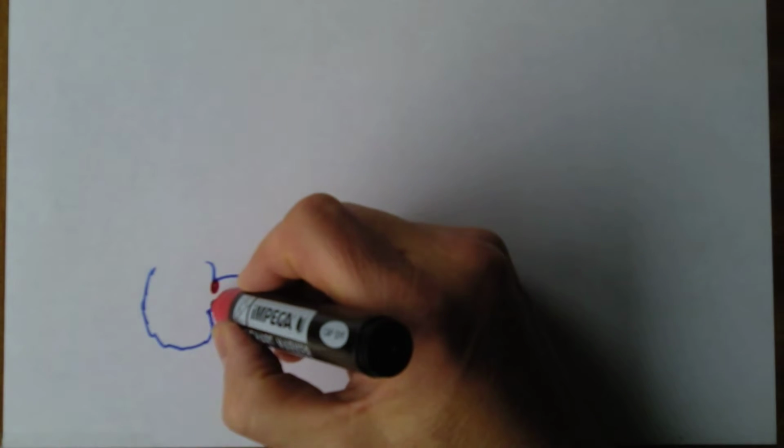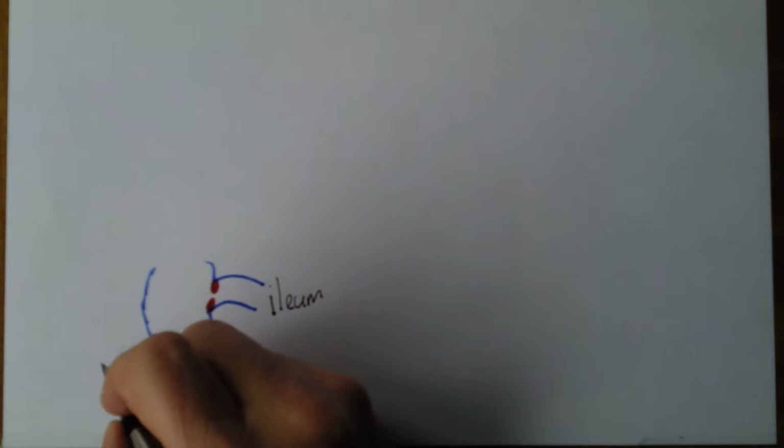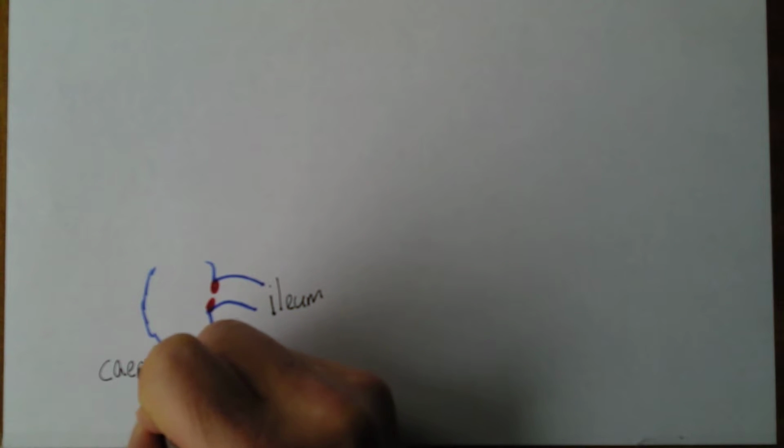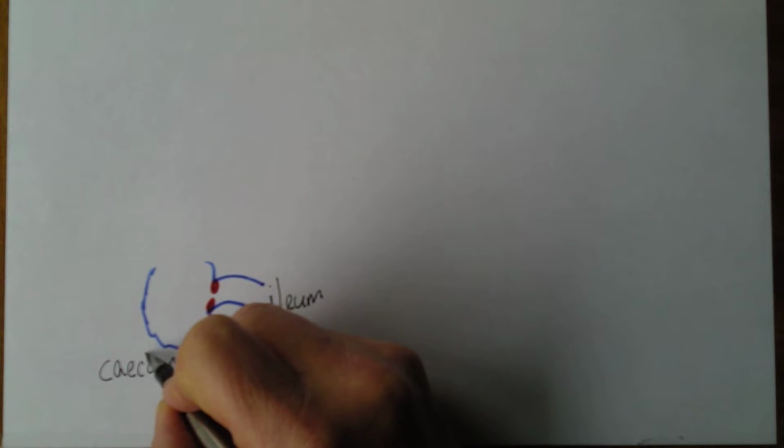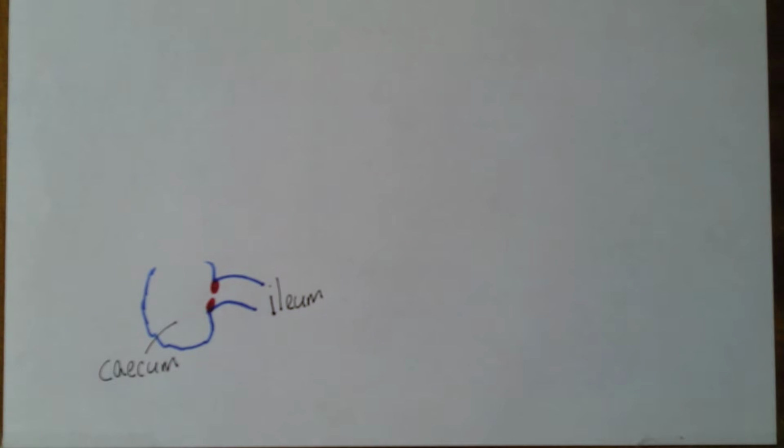The ileum, and there's actually a valve-like structure between the ileum and the cecum. So this is the cecum here, this first bit. The cecum is this first pouch of the large intestine.